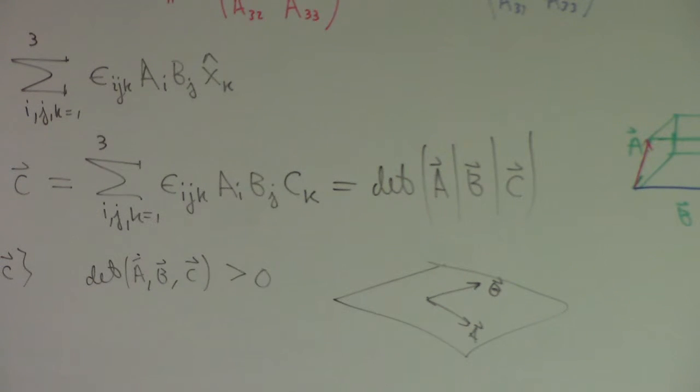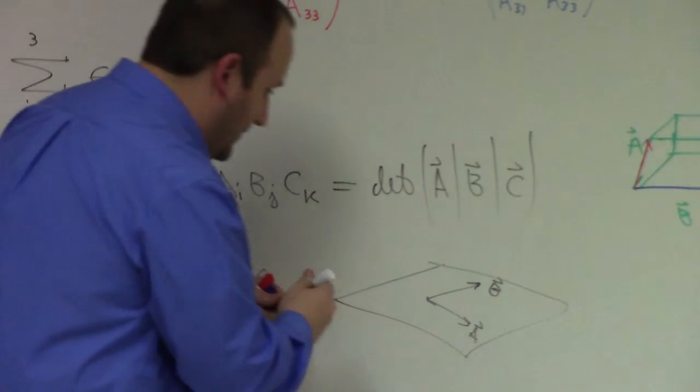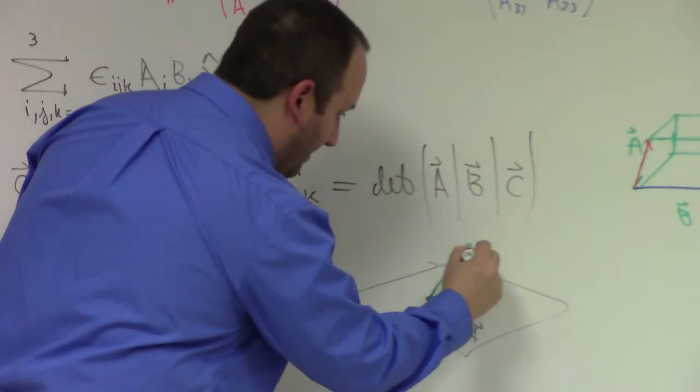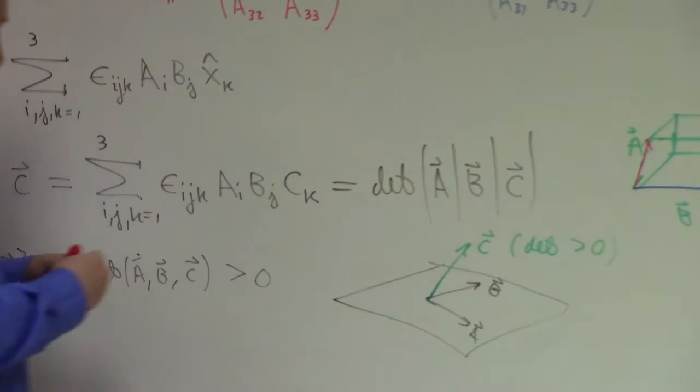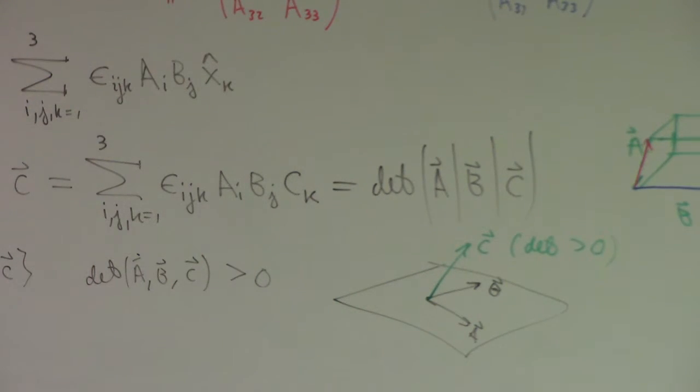If that determinant is positive, that means that C is somewhere up here. On the other hand, if this determinant is negative, that just means that C is below the plane.